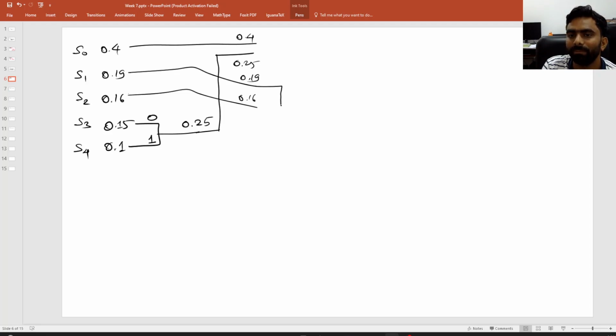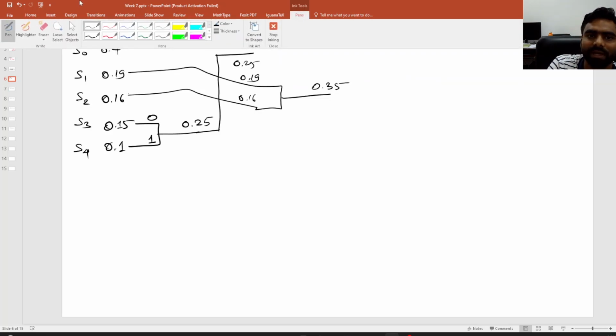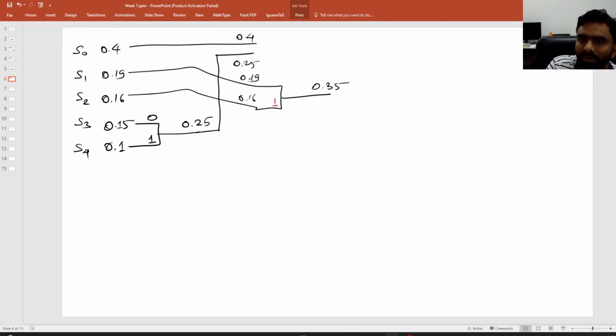Now we'll fuse them and get one probability, that is 0.35, and we'll assign the symbols, that is 1 and 0. Remember, lowest is 1 and 0. Don't give it differently, it will be wrong, because follow the same order, top and bottom one. Clear? This step is clear.